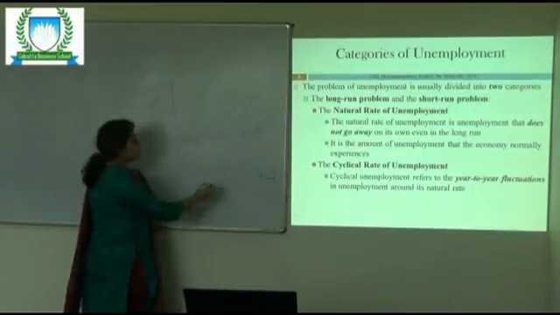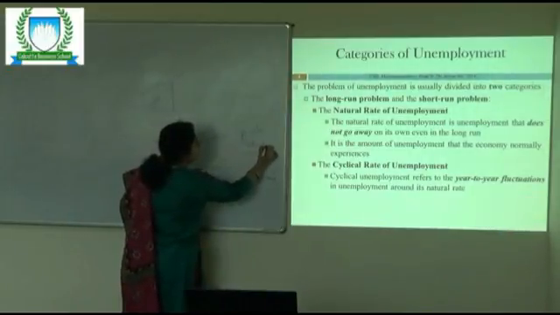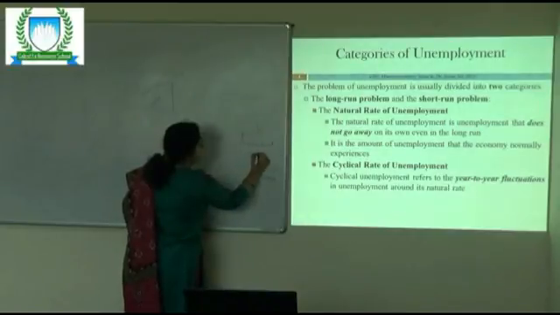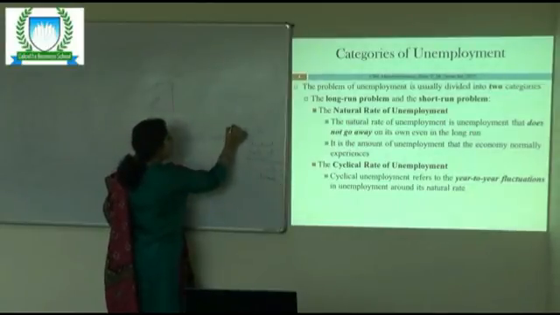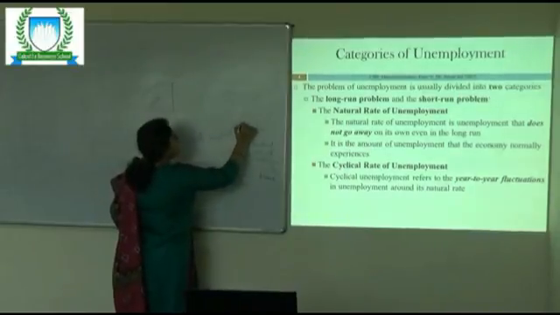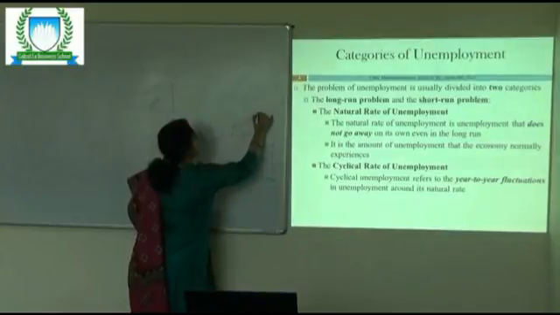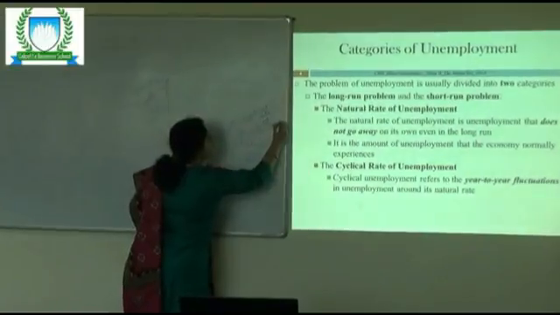This straight line may be called the natural rate of unemployment, and these deviations from the natural rate are called the cyclical rate of unemployment.